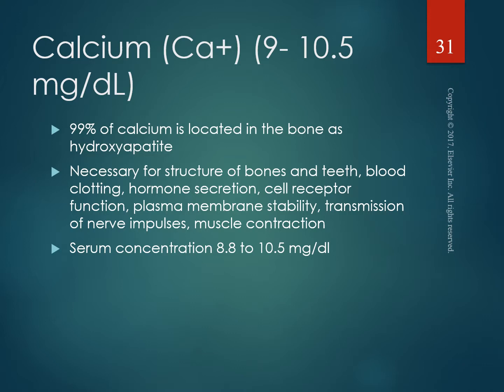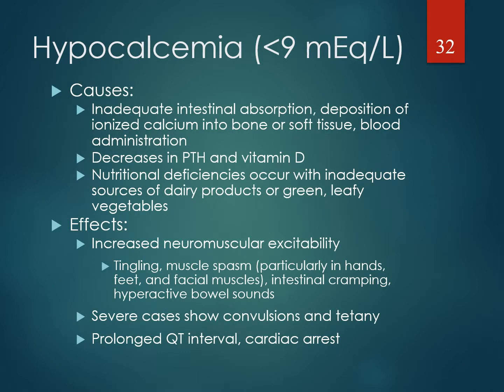You may see serum concentrations as low as 8.8 to 10.5. Hypocalcemia is serum calcium levels less than 9 milligrams per deciliter. Causes: calcium must bind to albumin, and a decrease in albumin in the body results in a decrease in calcium levels.